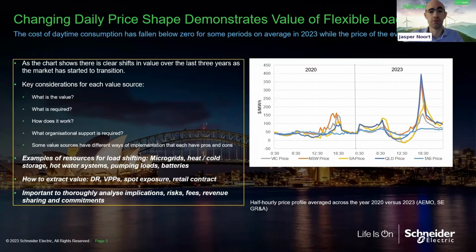So then moving on to how to implement that flexibility. When you're thinking about the flexibility, it's really important to think about what is the value, what is required to implement the value source that you're looking to do, how does it work for each value source.